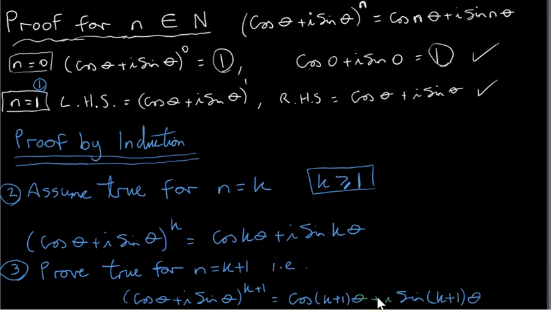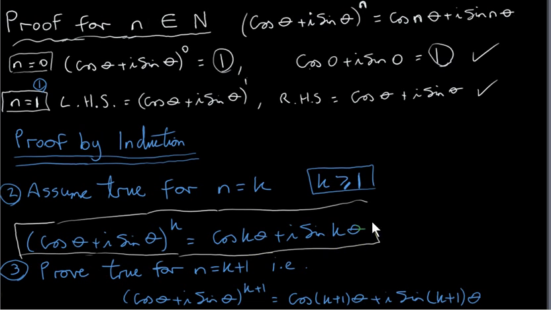So we want to prove that this is true by building on this statement here, which we're assuming to be true. This is from part 2. And we want to build on this. So in particular, we can multiply both sides of this by the same thing, and so on. And if we can end up getting this here, then we're done.